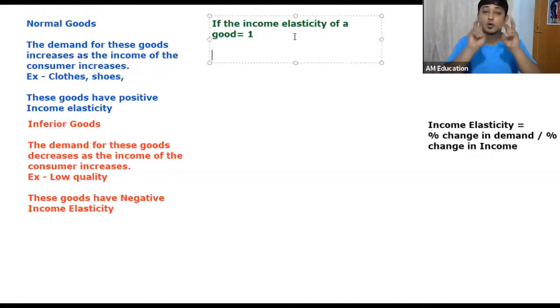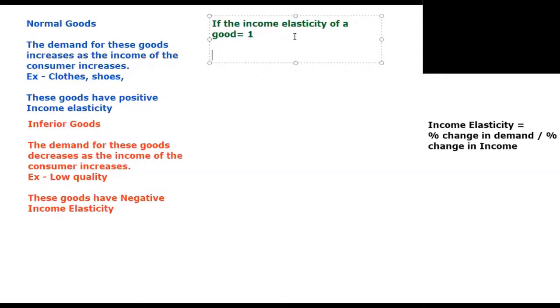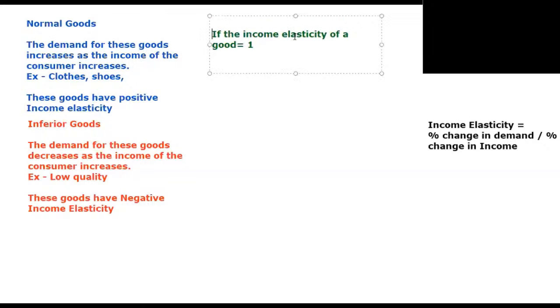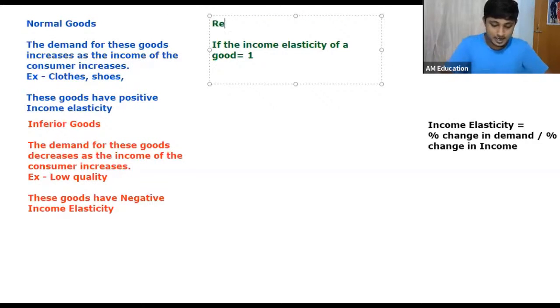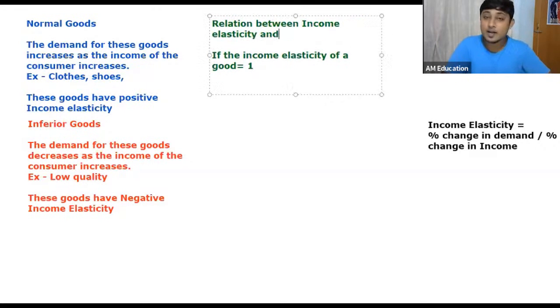The proportion you are going to spend. Every month you are spending 50%. Now also you will spend 50% only. You get that? Yes, sir. So we're talking about the relation between income elasticity and proportion of income spent.